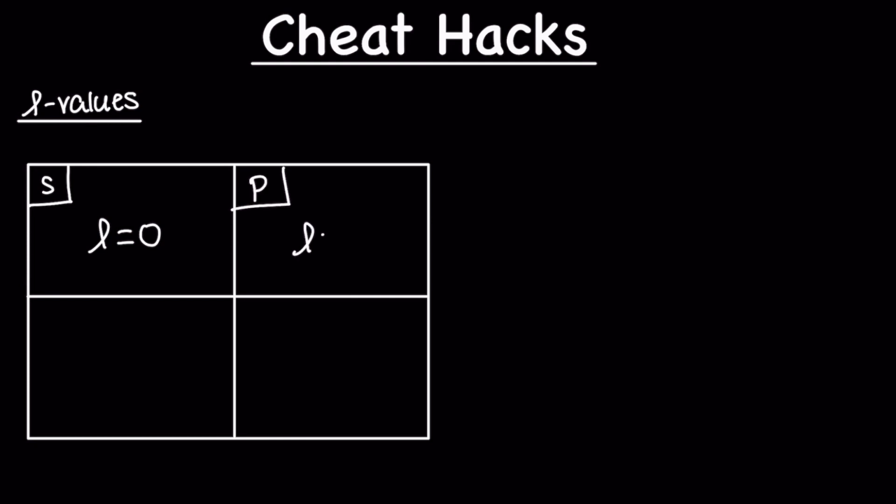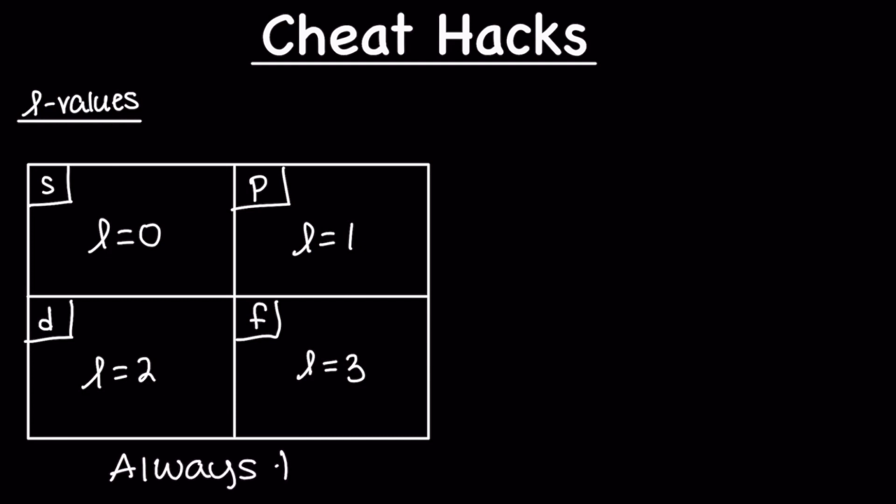For all p orbitals, L is always going to be equal to 1. For all d orbitals, L is always going to be equal to 2. And for all f orbitals, L is always going to be equal to 3. And this is always true. So put a big star by it so you know to come back to it. This is never not always true.